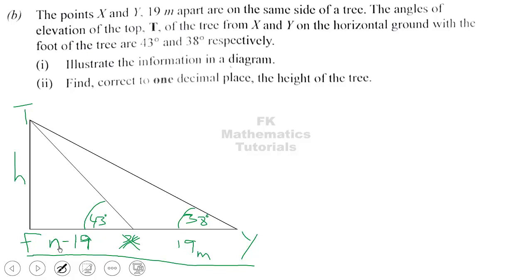Now we have to find the height of the tree, correct to 1 decimal place. So we form equations. I'm going to use the tangent ratio, because it will involve the h for both angle 43 and angle 38. So tan 43 degrees will be equal to opposite, which is h, over n minus 90.